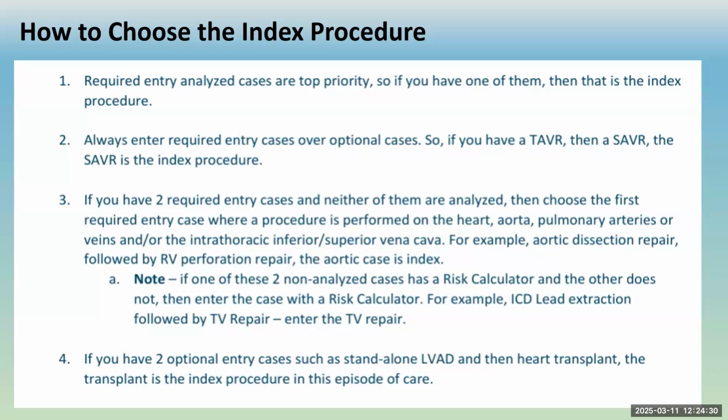Enter the TV repair because we have a risk calculator for the TV repair. Neither one of these are analyzed currently, but we do have a calculator for the TV repair. So we would want that TV repair to get entered over the ICD lead extraction.